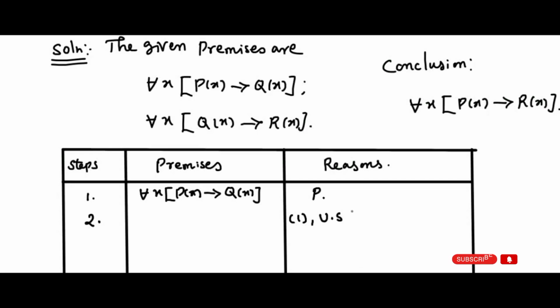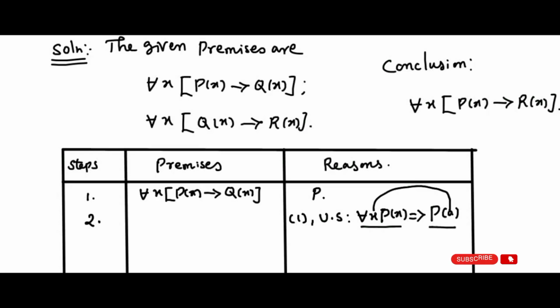What does universal specification law mean? Whenever we have for all x, p of x, we can write this expression as p of a. That means remove for all x and replace x with a.